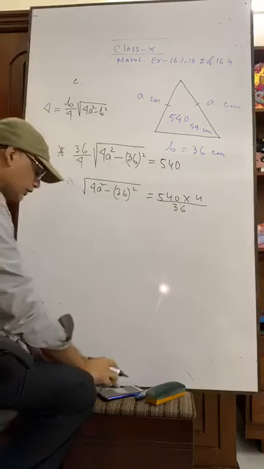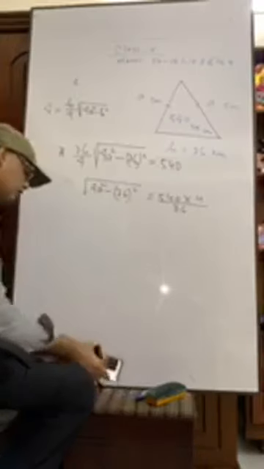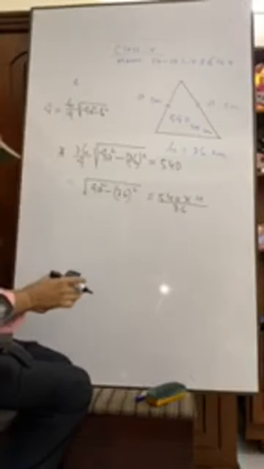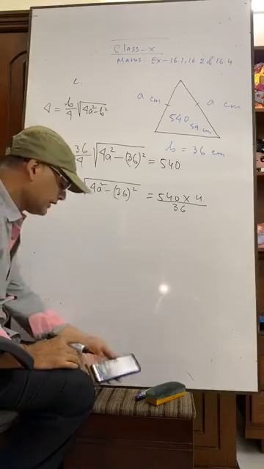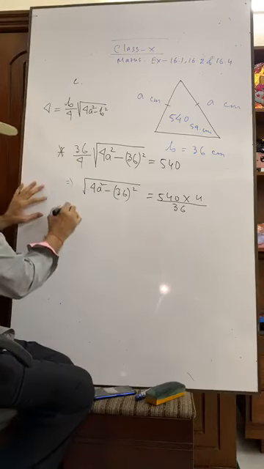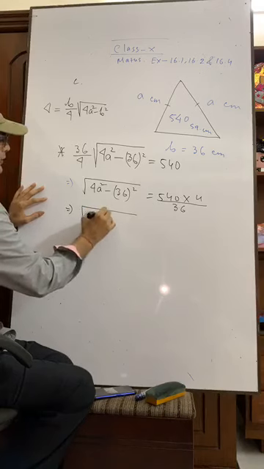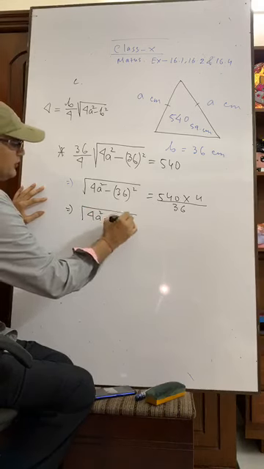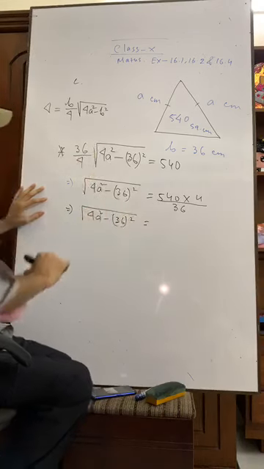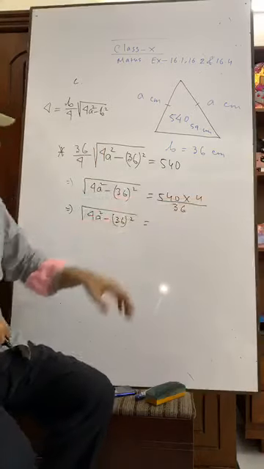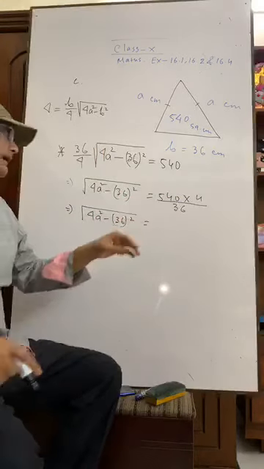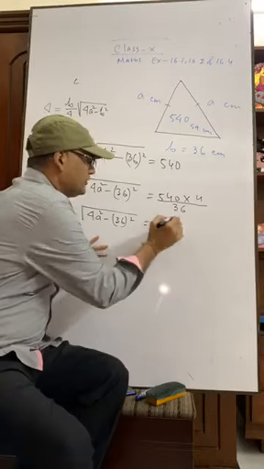All of you are required to use the calculator. That means root over 4a square minus 36 whole square is equal to what? 4 9s are 36. Then it is 60.